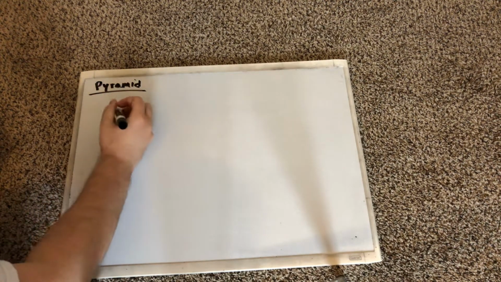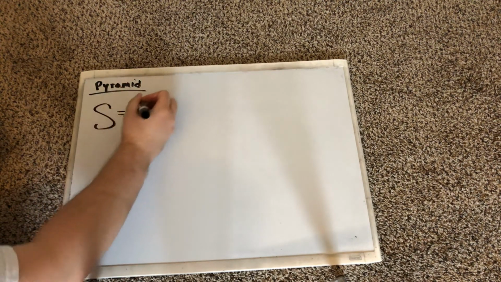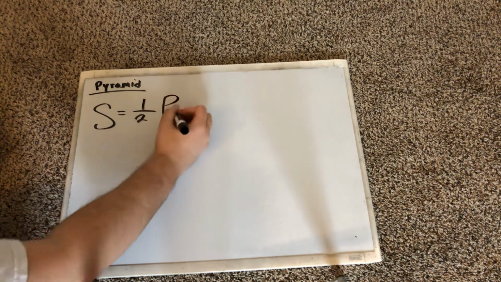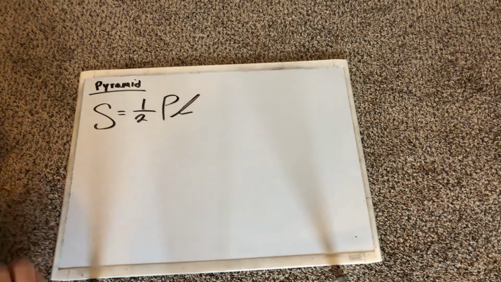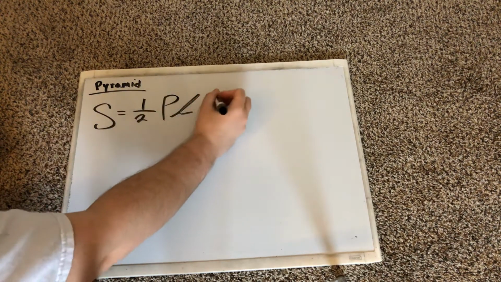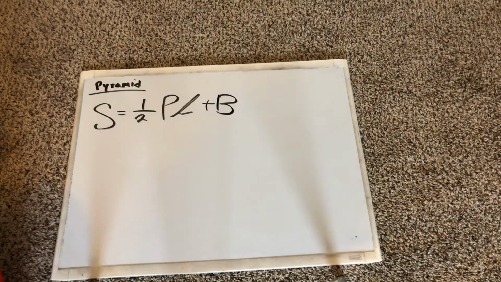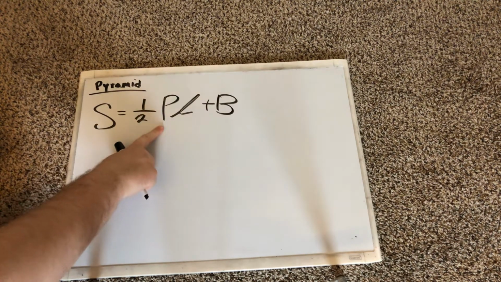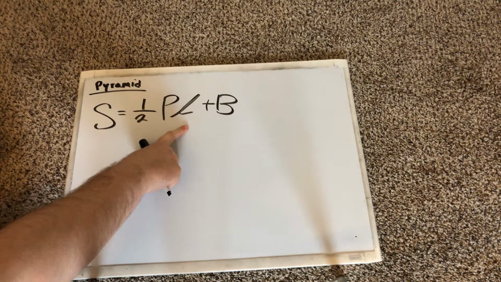Surface area of a pyramid is S equals 1/2 times P times L plus the base. So the 1/2 is just the 1/2. P is the perimeter of the base. L is the slant height.